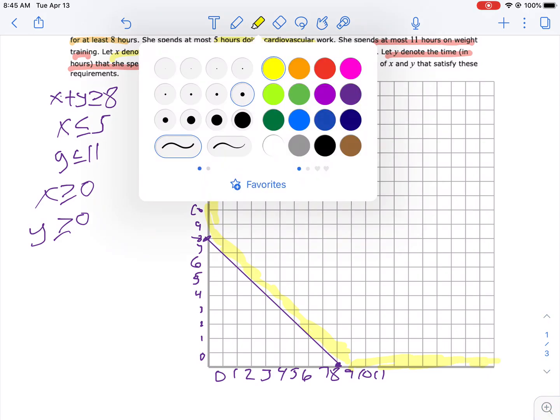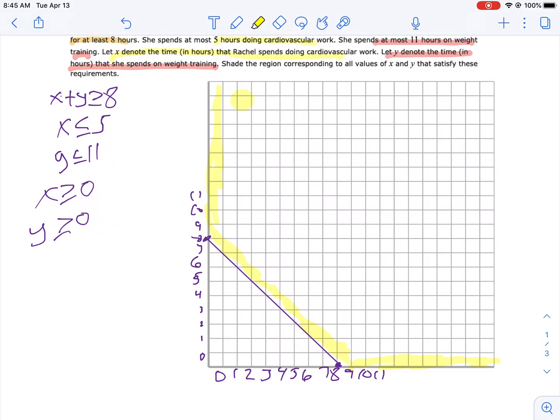Let's make this a little bit thicker so I can shade a little bit quicker for you. I didn't notice this on your graph that you did.